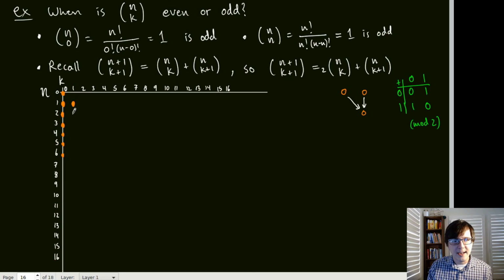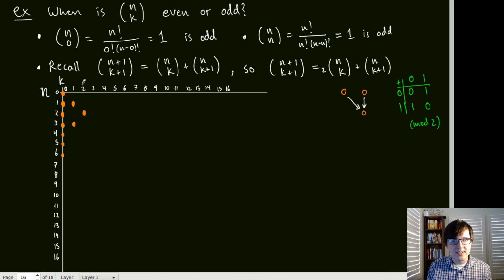Okay, so now the 2 choose 1. We look at the 2 entries above it in that pattern. Odd plus odd is even, so there's no dot there. The 2 choose 2: well, we look up, there's odd and even, so odd. Odd plus even is odd. So now the 3, 1 entry, that would be odd plus even, which is odd.